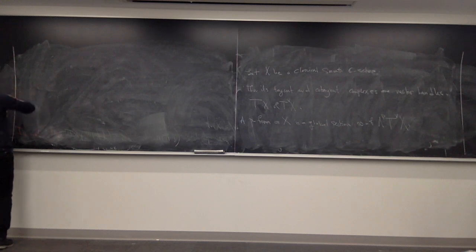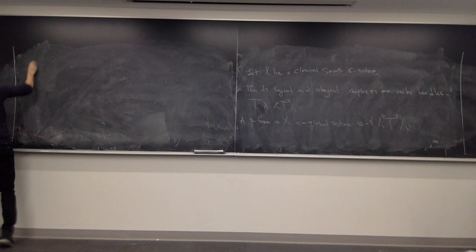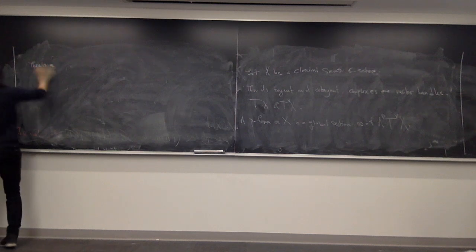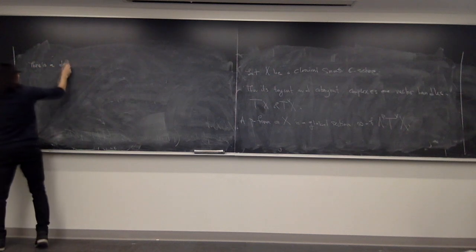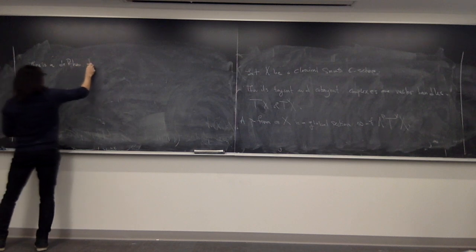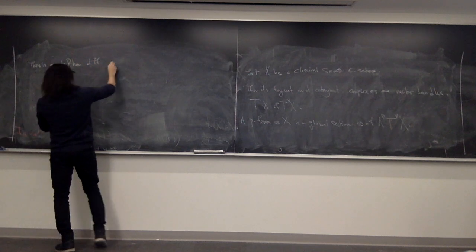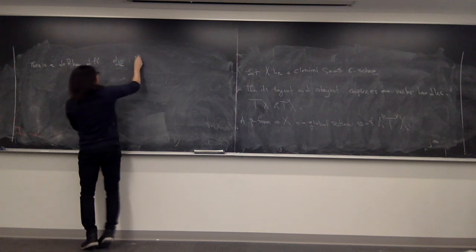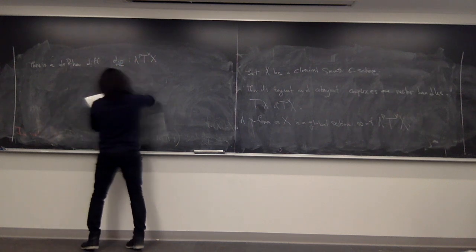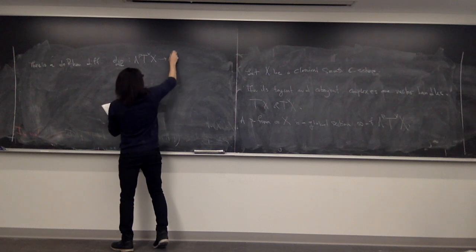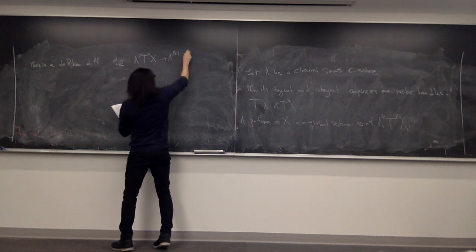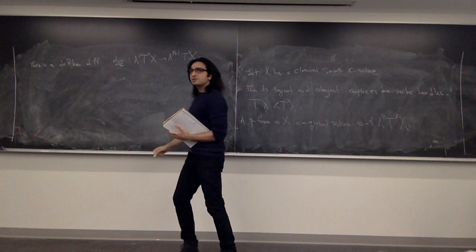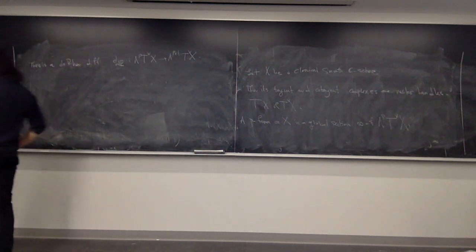There is a de Rham differential, d de Rham, which sends you from lambda p of the cotangent bundle of this smooth scheme to lambda p plus 1 of this cotangent bundle. This is a de Rham differential, right?